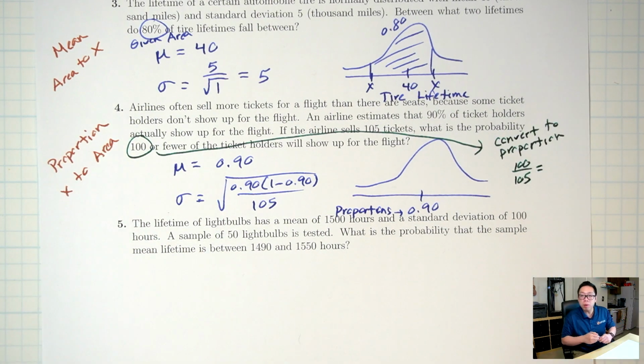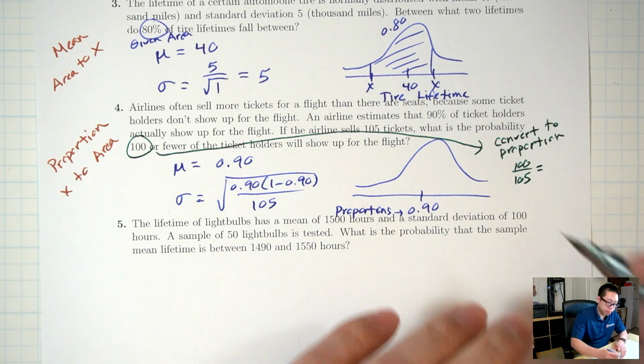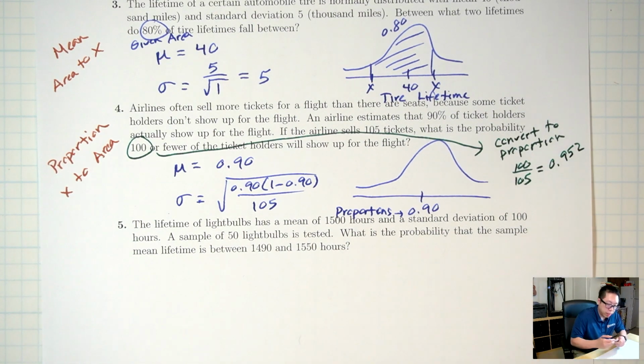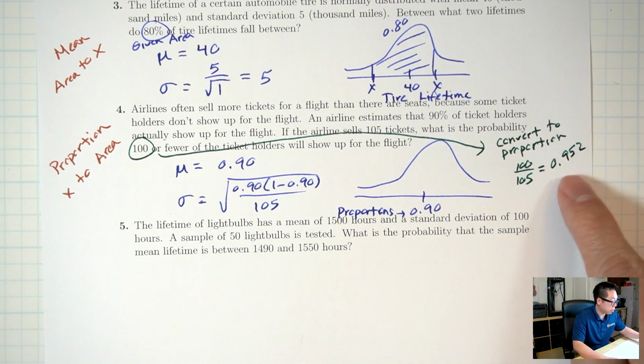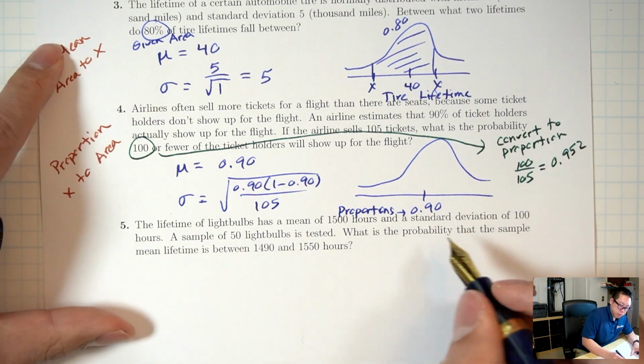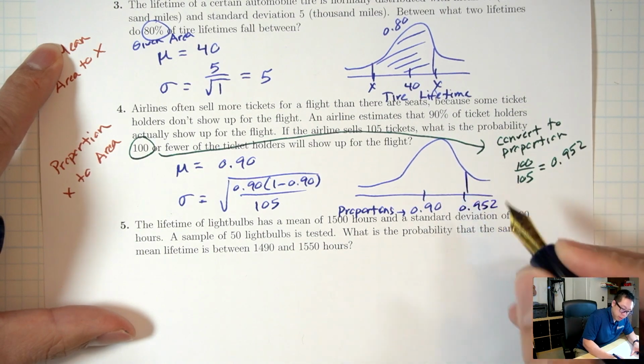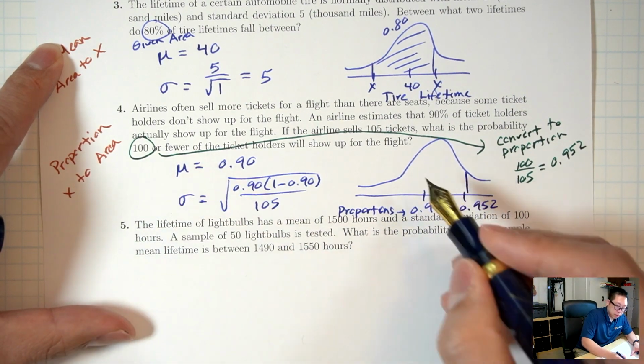So 100 out of 105 is 0.952. Okay, and that's what you put on the x-axis. So it's right here. And we said the shade is here to the left.